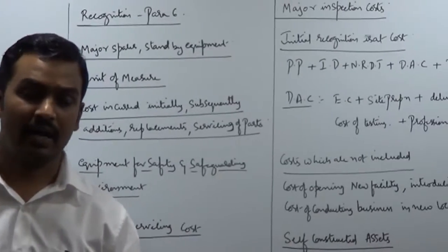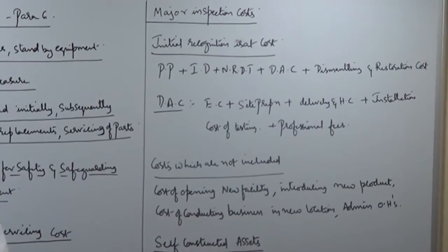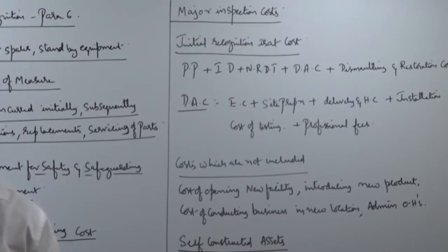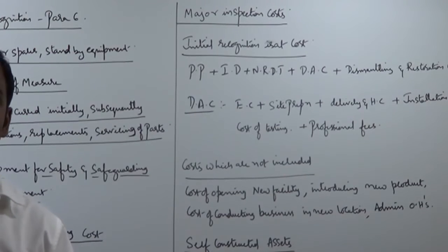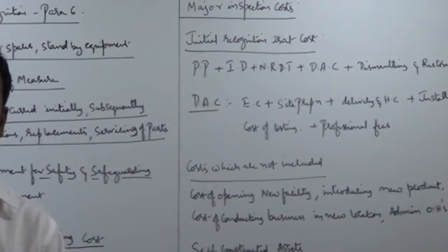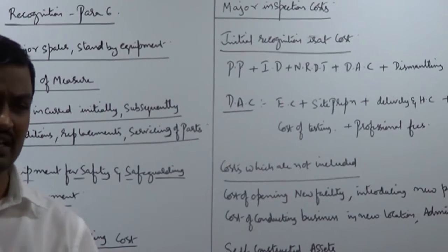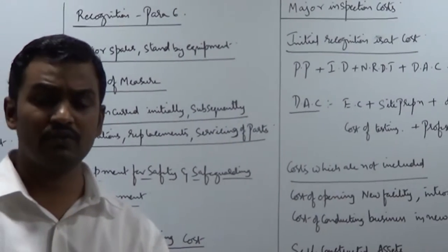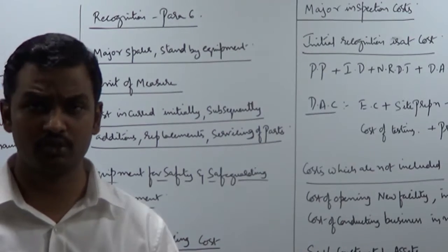Now I think by now you would have understood what is property, plant and equipment. I will define property, plant and equipment once again for you. Property, plant and equipment is a tangible item which is used in production of goods or for provision of services, or they are held for giving it on rent to others or for administrative purposes. That means these are machinery, equipment which we use for conversion of raw material into finished goods.